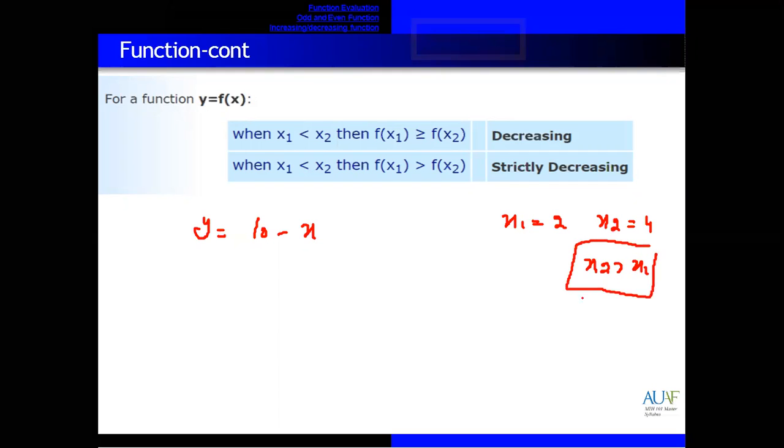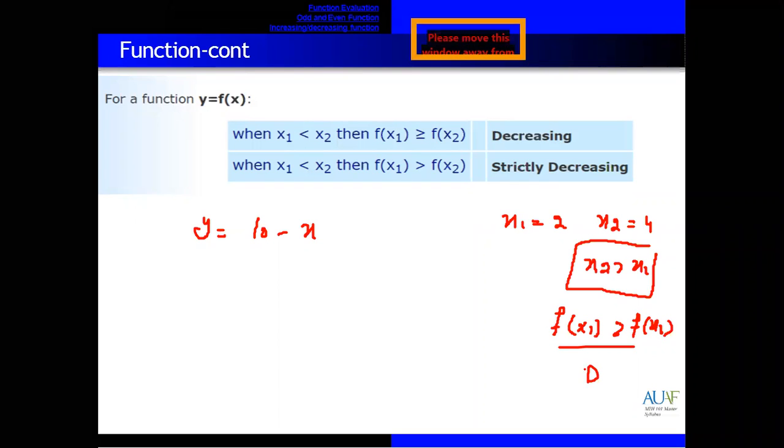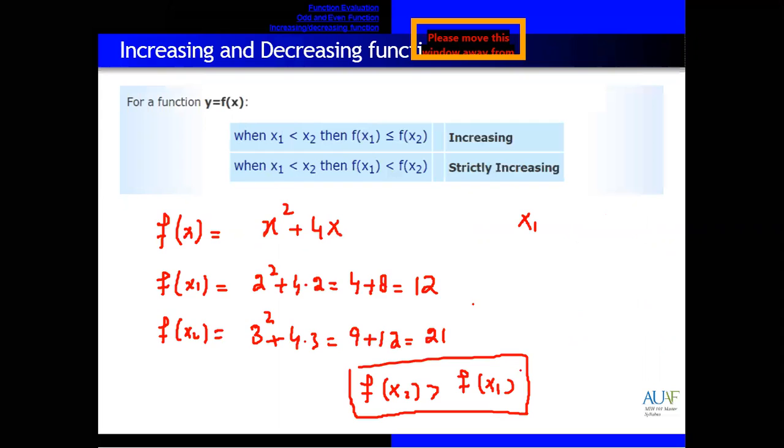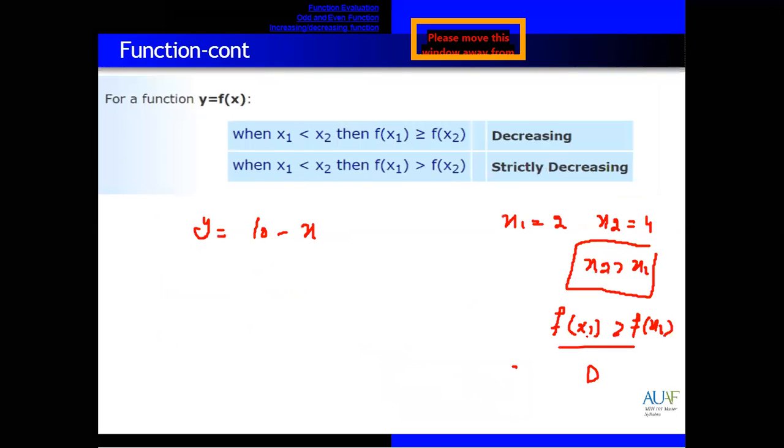If f of x1 is greater than f of x2, this is called a decreasing function. Previously f of x2 was greater than f of x1, but in a decreasing function, f of x1 is greater than f of x2.